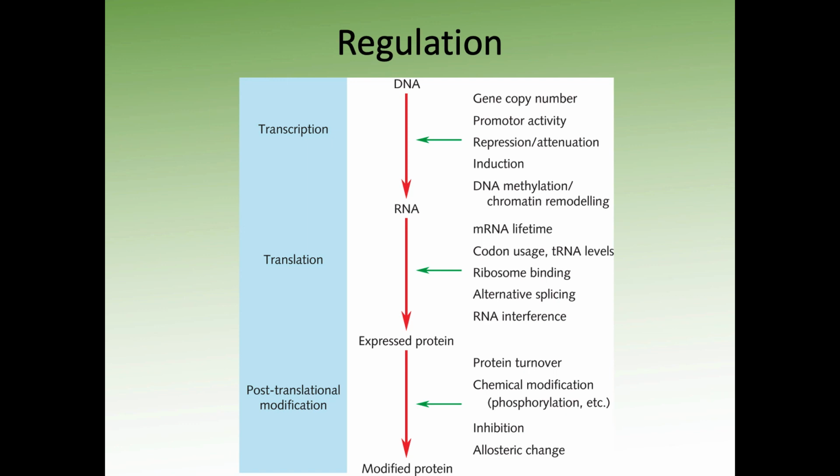You could have regulation affecting transcription from DNA to RNA, at the translation step from RNA to expressed protein, and there can even be regulation post-translation, where you need certain types of modifications, or there could be other types of inhibition of the expressed protein doing its job. So it's important to know that there are all these different points where you could be looking at the role of expression.